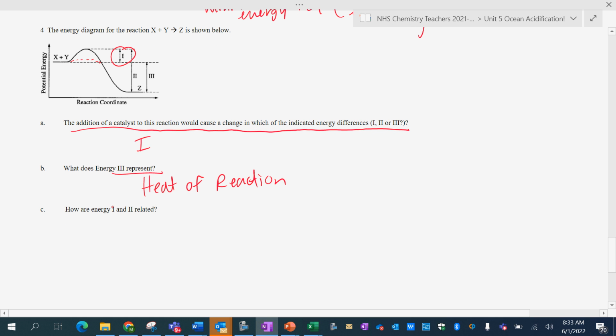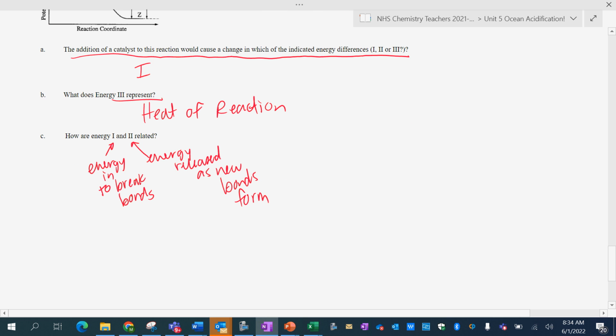And how are 1 and 2 related? 1 is the energy in to break bonds, and 2 is the energy released as new bonds form. So that is kinetics in a nutshell.